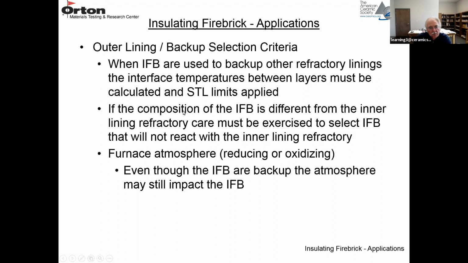So if the composition of the IFB is different from the inner lining refractory, you have to be careful in selecting appropriate chemistry of the IFB so that it won't react with the inner lining. And you have to worry about the furnace atmosphere. Even though they're backup, they're still going to be affected by the atmosphere and can be subjected to a reducing or oxidizing condition.